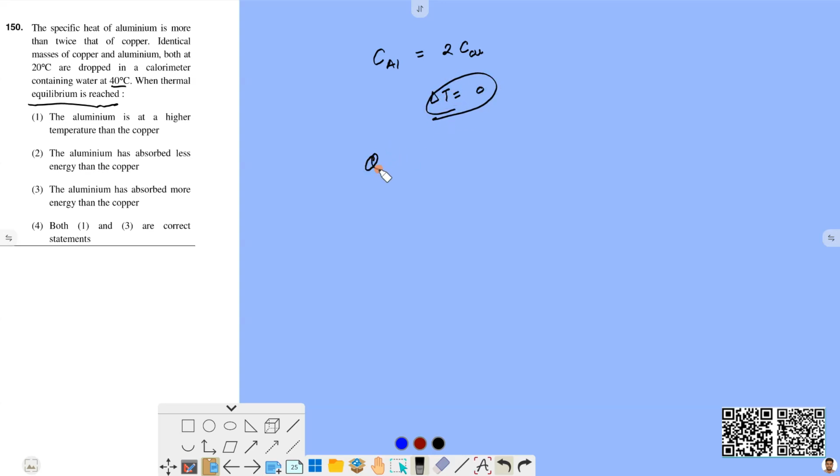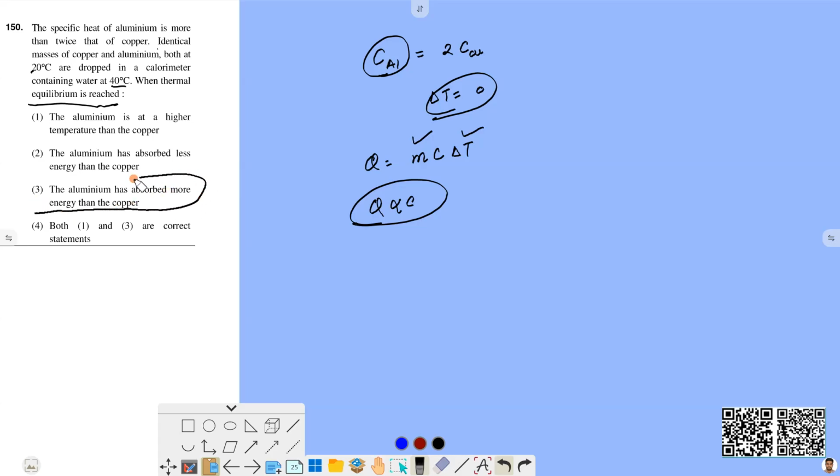And for Q, we have Q is equal to mc delta T. Now here we have identical masses, meaning m is same, delta T is same, so Q is basically proportional to C. And C for aluminium is greater, so we can say aluminium will absorb more heat. So that is the third option here, that aluminium has absorbed more energy than the copper.